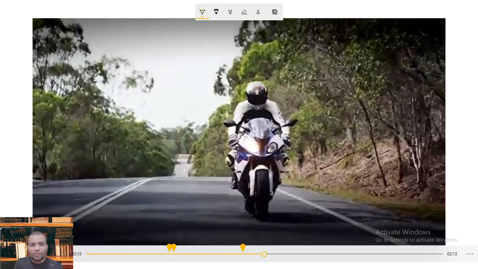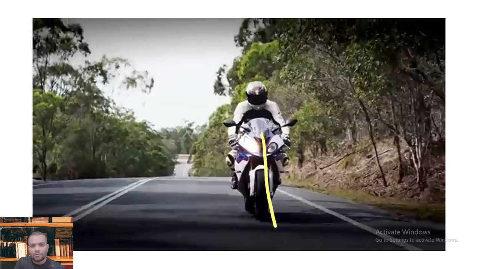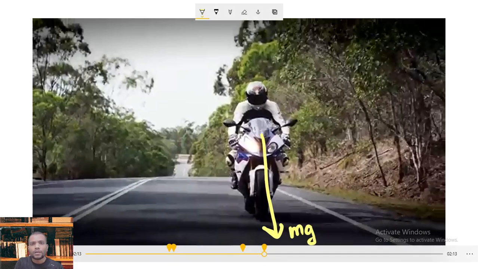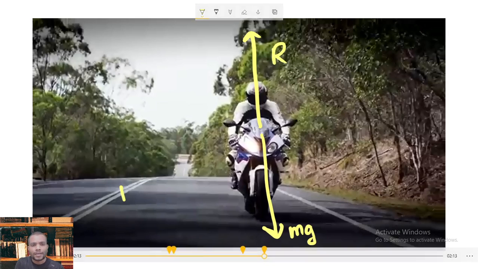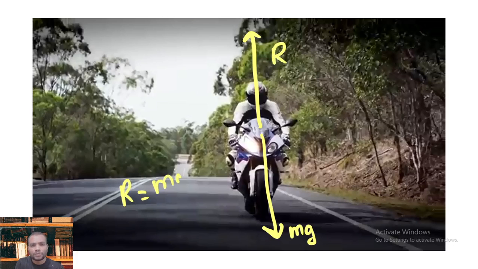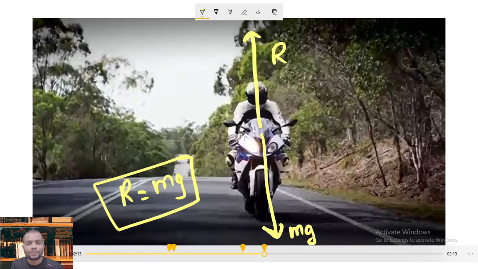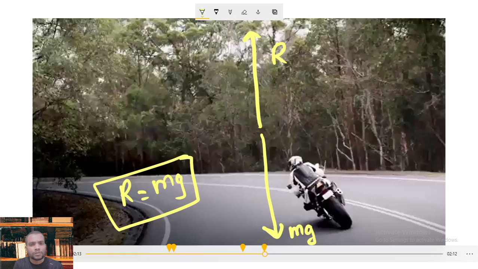The forces which are acting right now: the downward force which we call mg should balance with the upward force, the normal reaction force. So I can write the expression R equal to mg if we are moving in a straight track. So the forces are balanced, so that's why the bike is stable.